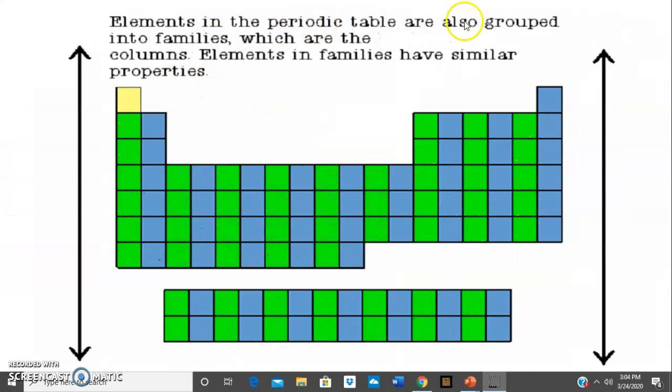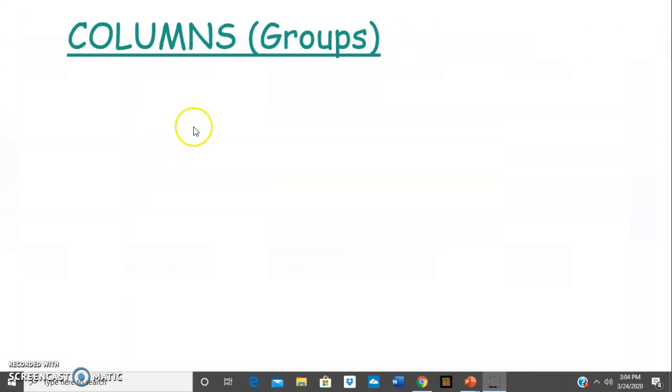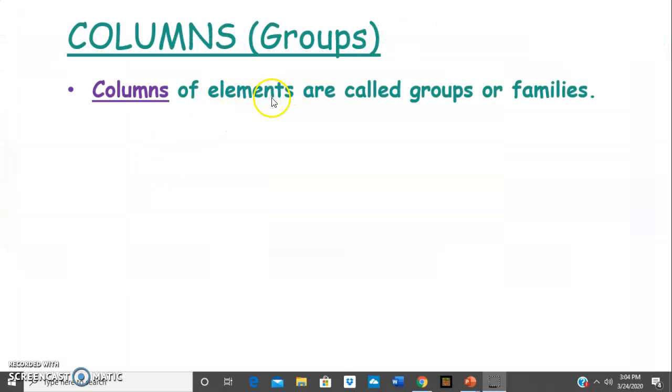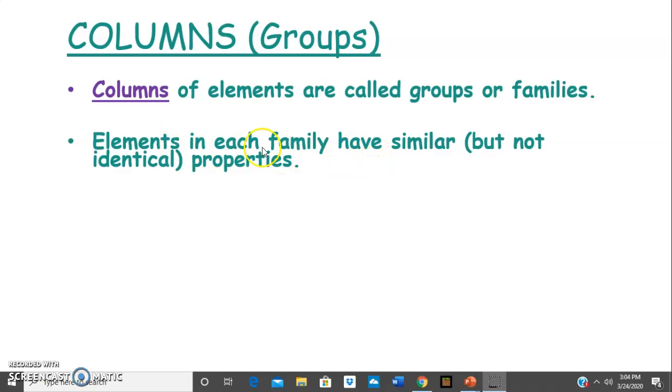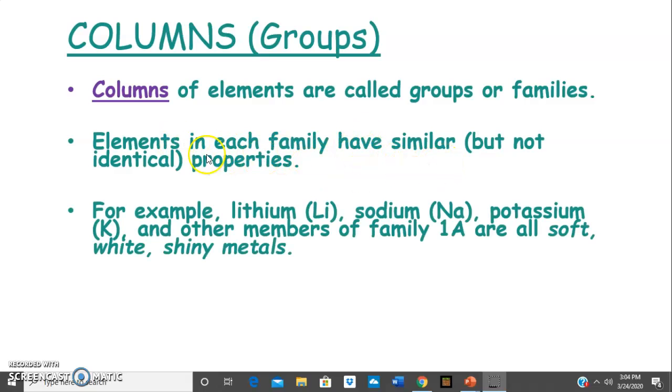All right, so elements in the periodic table are also grouped into families or columns, and each of the elements in a group or column has similar chemical properties. So up and down, these are columns or groups. Columns are also called groups or families. Elements in each family have similar but not identical properties.